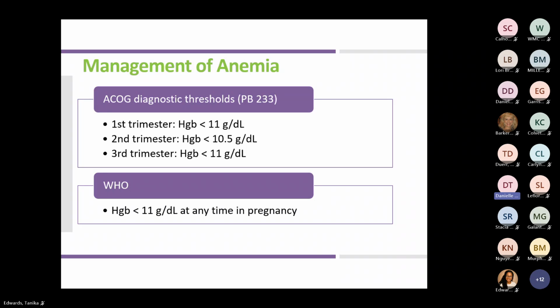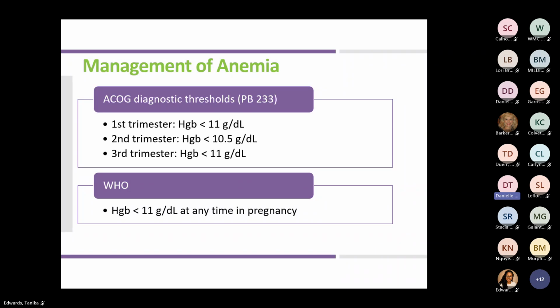I know many of our systems are fans of hematocrits, but remember that's a calculated value. So to be most accurate, you want to know what the hemoglobin is on a patient to say it's normal. So why would ACOG tell us this?